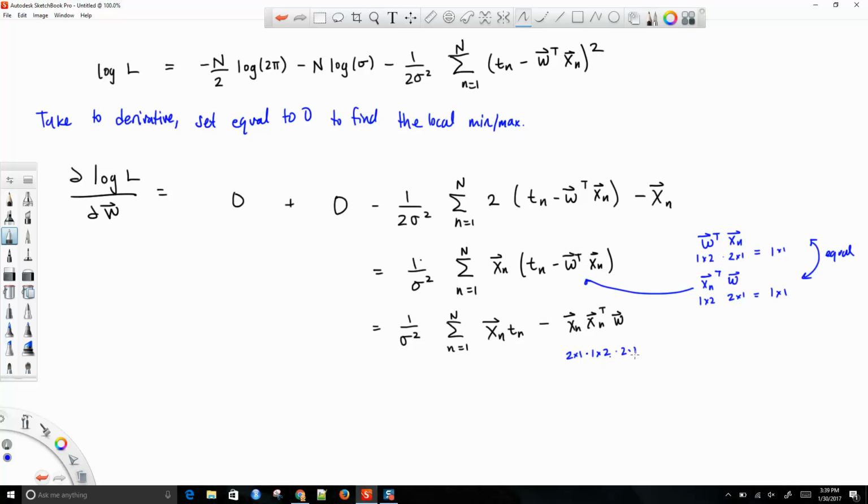When we multiply all of this out, this becomes a 2 by 1 vector. Over here, xn is 2 by 1, and tn is 1 by 1, so this remains 2 by 1 as well, which works because we're subtracting, so these dimensions need to be the same: 2 by 1 subtracted from another 2 by 1.